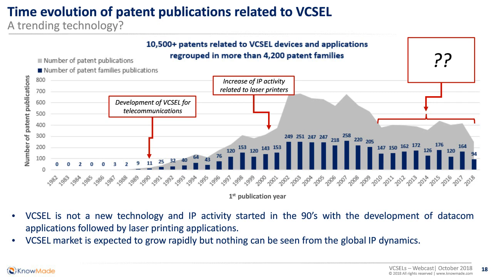And in 2000, another application also arose, which is laser printing. In fact, these two main applications were really the main drivers of the IP activity related to VCSEL for almost 2 decades. And we reached a plateau between 2002 and 2007, and most of the time when we reach a plateau in the IP landscape, it means that the IP landscape is mature, the technology is mature, and you have very strong IP leaders.